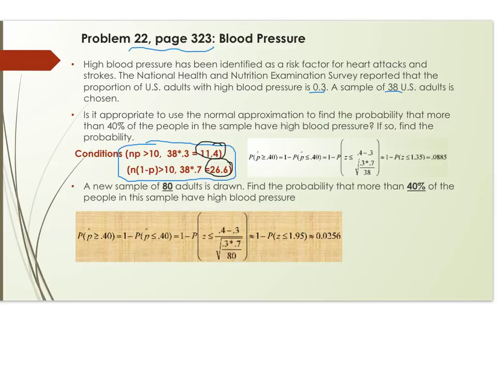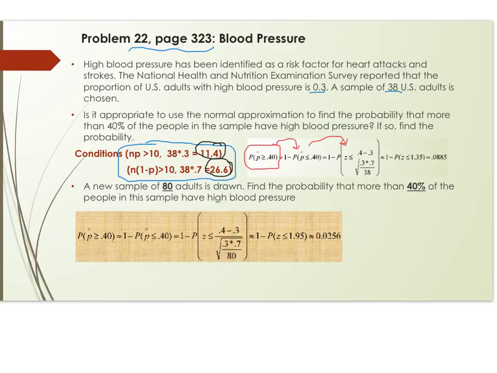We will set up our probability statement: the probability that p hat is greater than 0.40. Again, if we're doing this by hand, we have to use the complement because we're looking to the left of 0.40 when we look at the z-table. Now we're transferring this to a z variable.